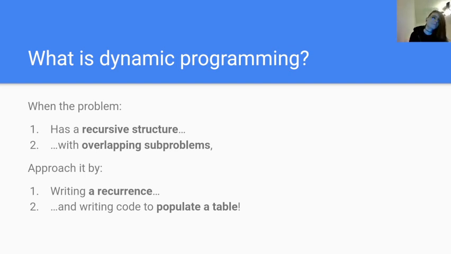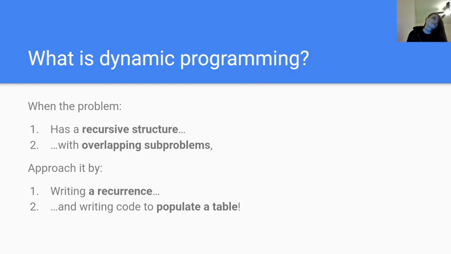By the way, the term dynamic programming is another one of those unfortunately overloaded words. We have dynamic arrays where the array resizes itself automatically. We have dynamic memory management where instead of automatic memory management where we put things on the stack, we make malloc and free calls to do sort of dynamic memory on the heap.